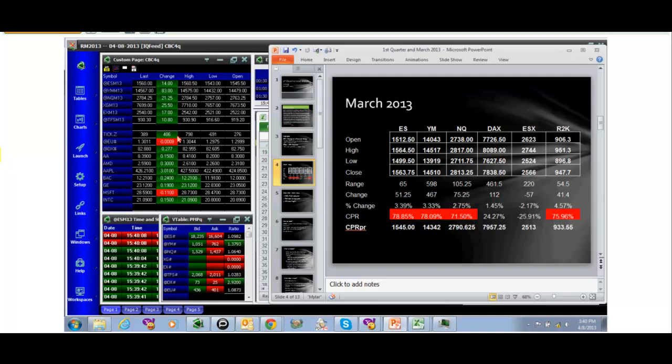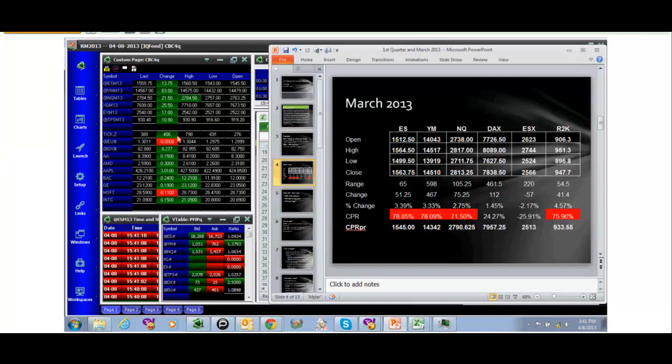Most of you should be able to figure it out pretty quickly. 32 and a half. Okay, so now we go from the open of 1512.50 in the E-mini S&P, and if you add 32 and a half points, because the market went up, if the market had gone down, you'd be subtracting, but we're going to add 32 and a half points to 1512.50, and that gets you to 1545.